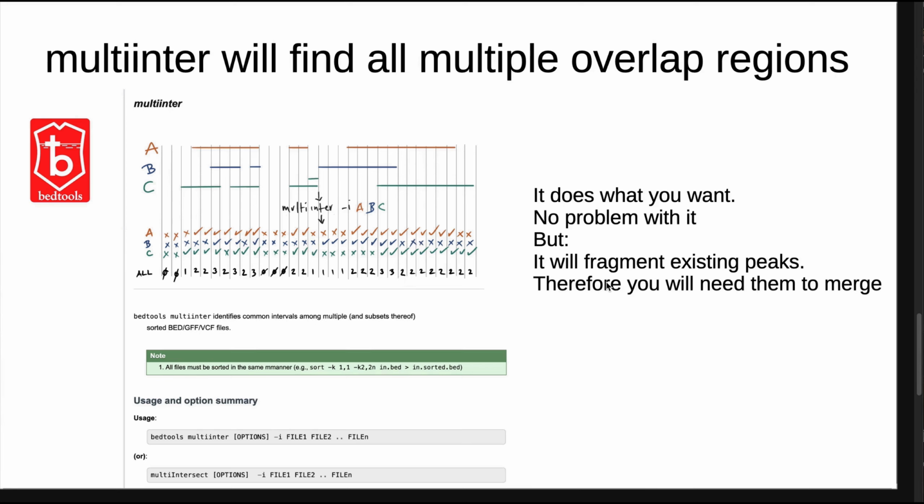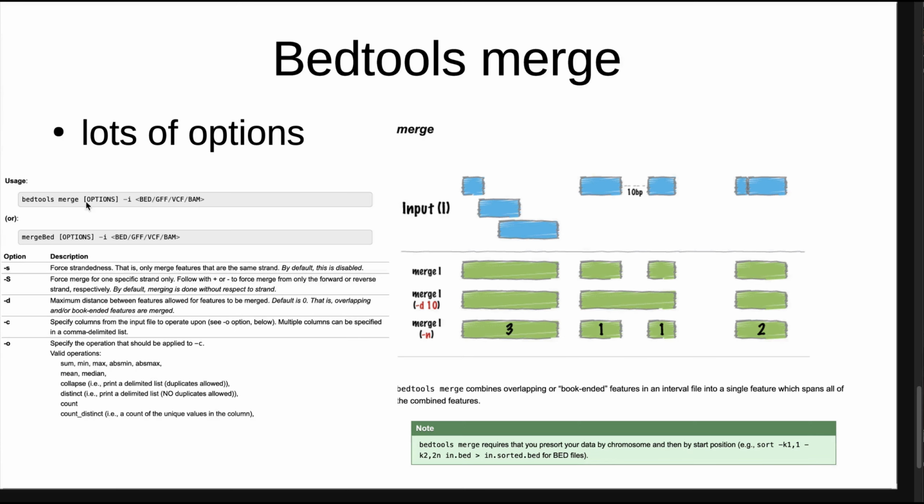The disadvantage is that your original peaks, those indicated by lines, will be fragmented, and therefore in the second step you apply merge, which will merge peaks in a neighborhood, overlapping or a little bit at a distance. That's what I will show you here.